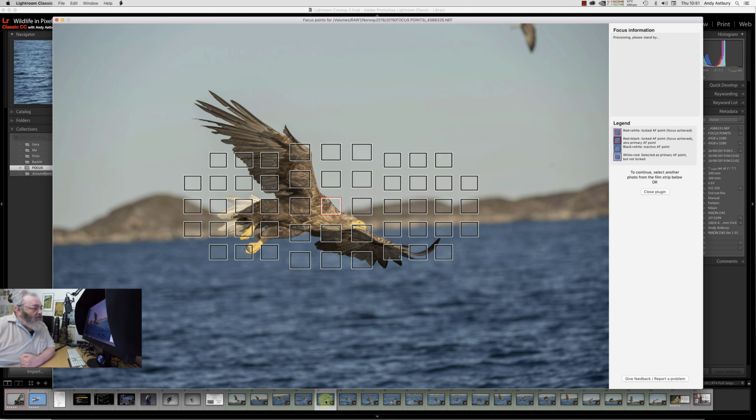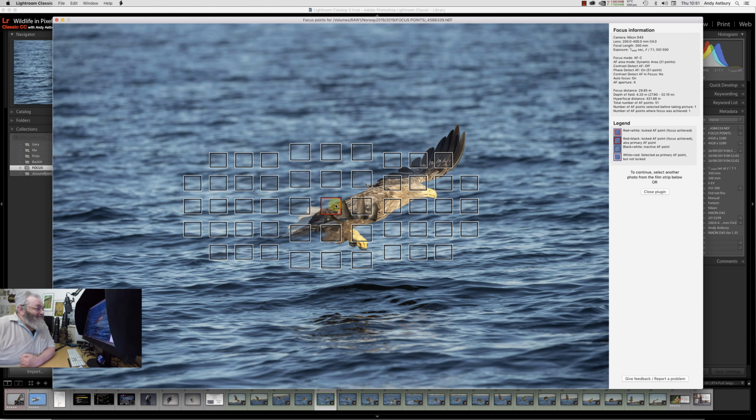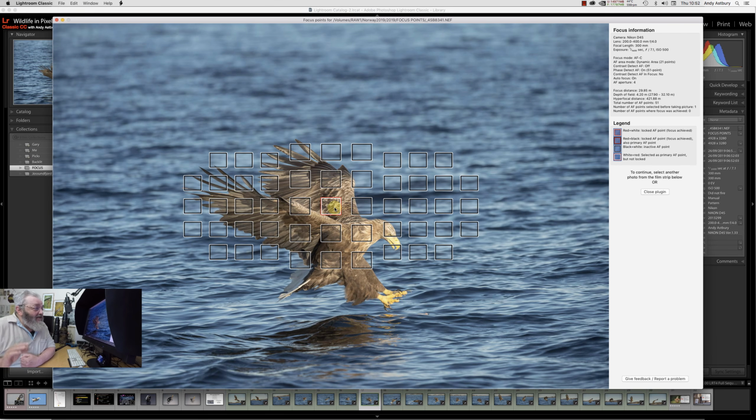If I jump forward and load that one up, as you can see, it's still using that center AF point, and it really shouldn't be, because I want it to track over here, the lighter part of the subject. If I jump all the way up to here, you can see it's still using that center point, it doesn't change.